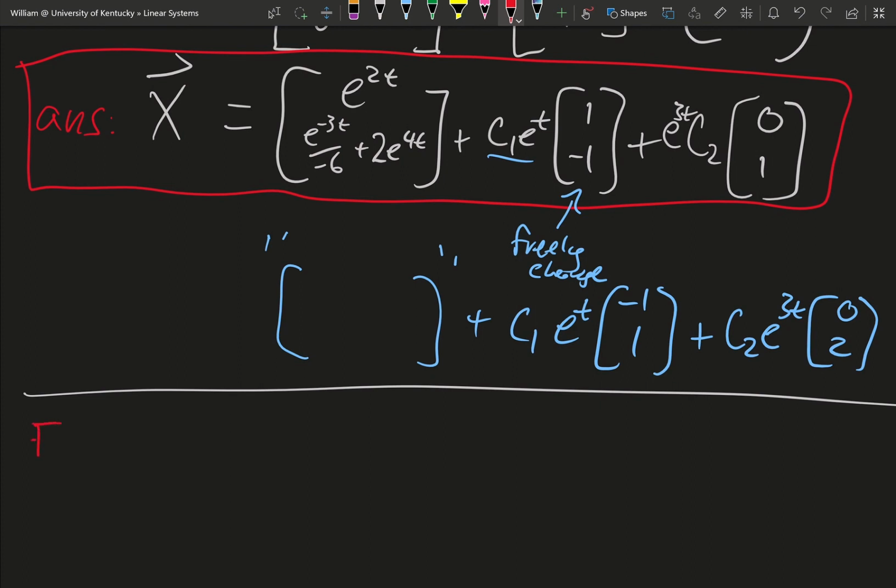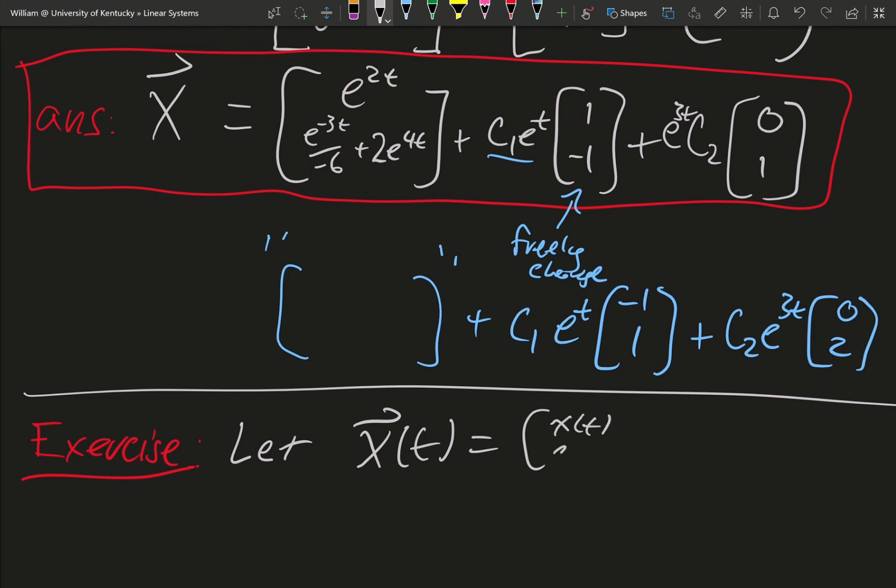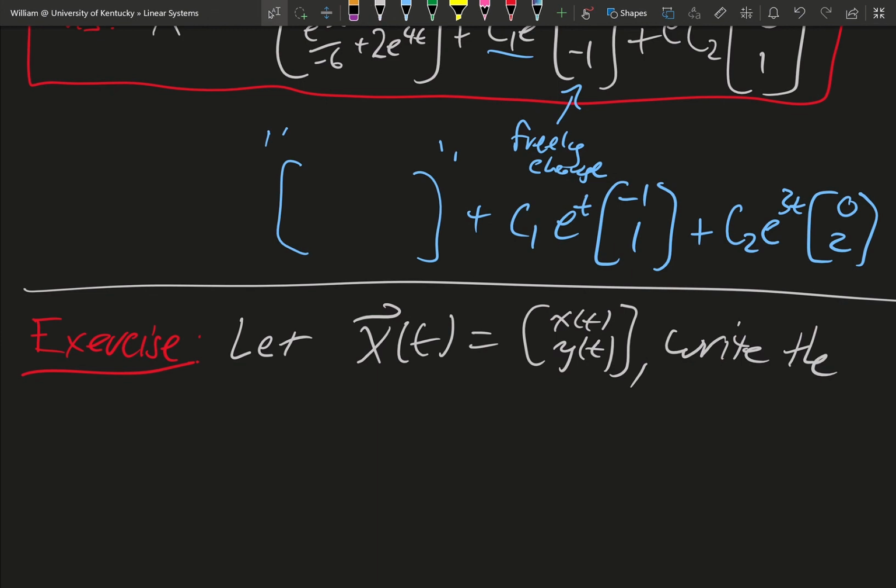All right, let's close with a quick exercise. It should be pretty straightforward. We're just going to do some conversions.